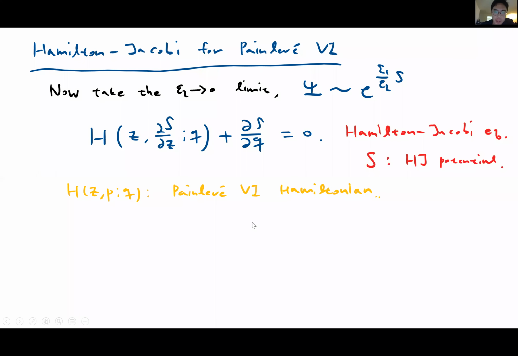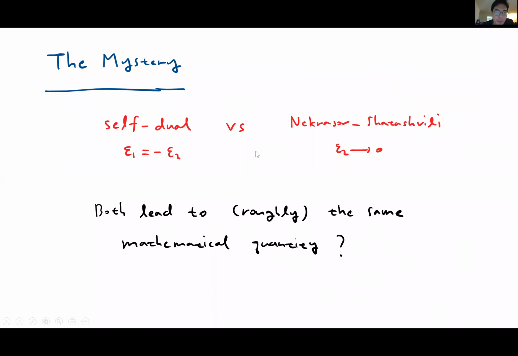So there are two ways, but there's a mystery. Because in the first way, the supersymmetric field theory part was associated with the self-dual Omega background. Remember, in the infinite sum expression of the tau function, we summed the gauge theory partition function in the self-dual Omega background.